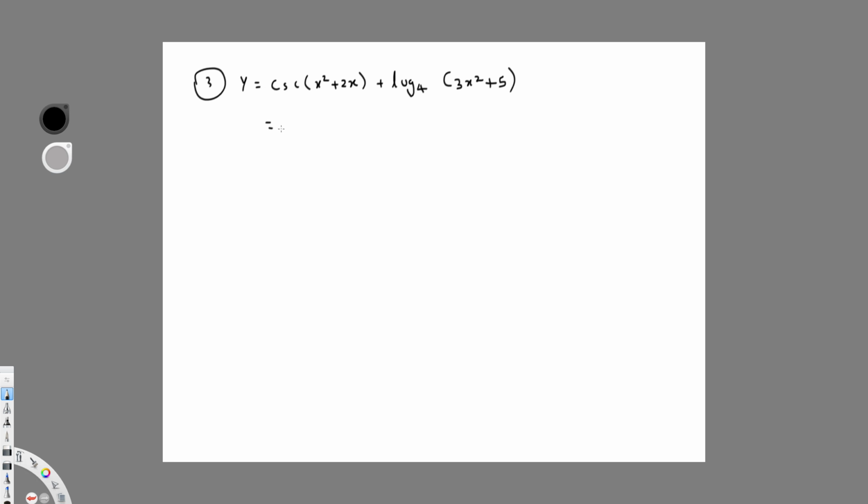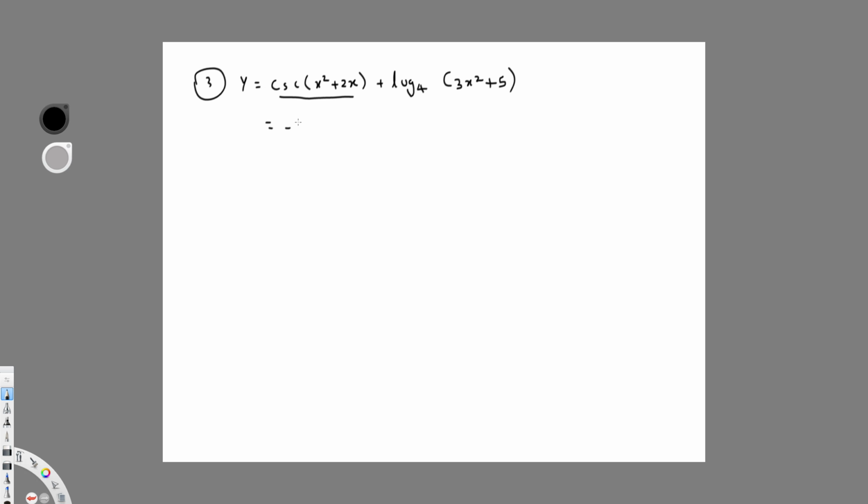First of all, I have to find the derivative of cosec. In trigonometric functions, the derivative of cosec is minus cosec x cot x. So I have to multiply this one by minus cosec and then cot x, this one alone. I'm talking about this one.